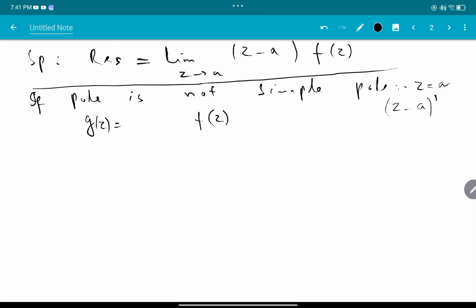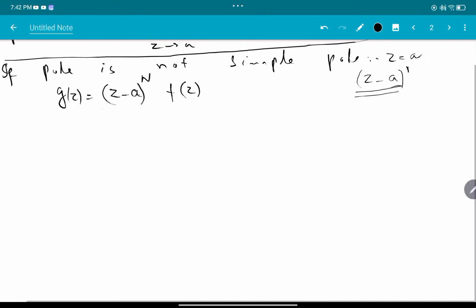That's why it's called a pole of higher order. It's not a simple pole. Now what you have to do is take this singularity factor and multiply f(z) by it, but keep one thing in mind. The singularity factor must have the same order as the order of the pole. If a pole is of order n, the singularity factor must have n.